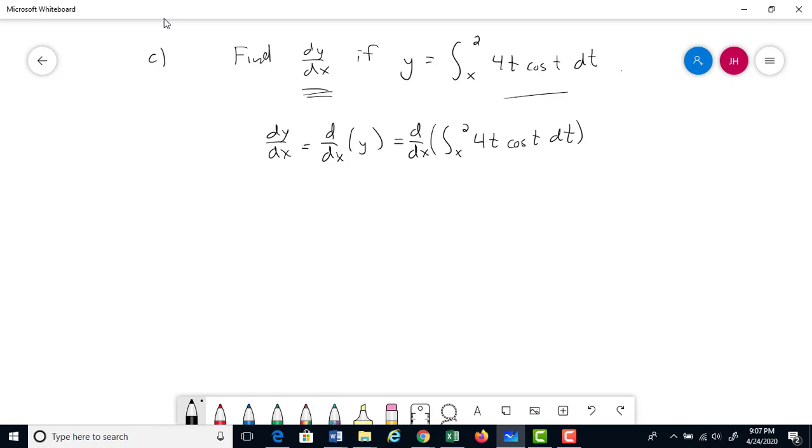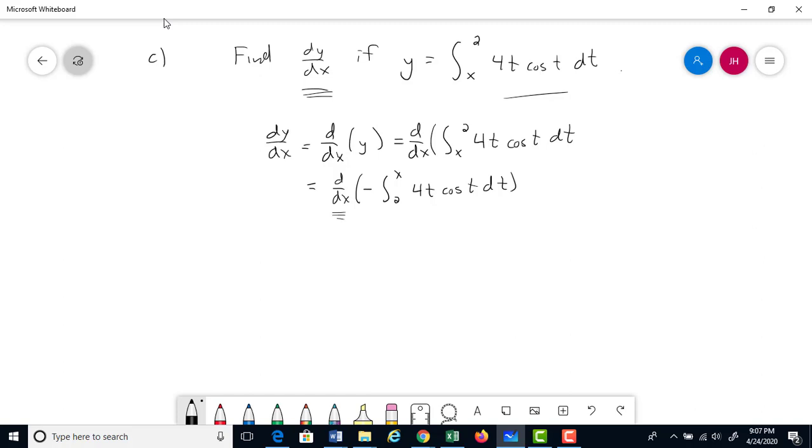Now, the problem is these limits are in the wrong order. The bottom one has to be the constant and the top one has to be the variable. So I need to change the order. This is going to be equal to the derivative with respect to x of minus the integral from 2 to x of 4t cosine t dt.